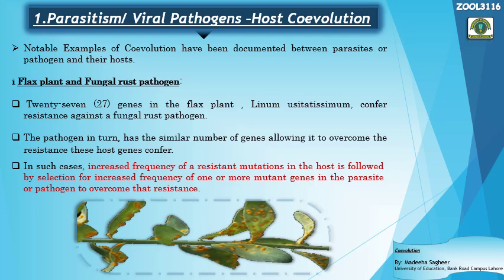Parasites, as you know very well, are organisms that get their nourishment from other organisms. These parasites could be plants or animals that take their nourishment from other organisms, and the organism from which they take their nourishment is called the host organism.